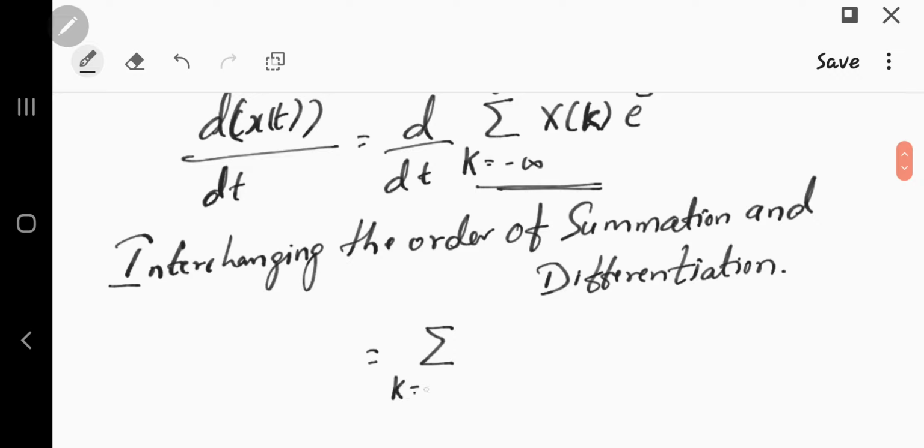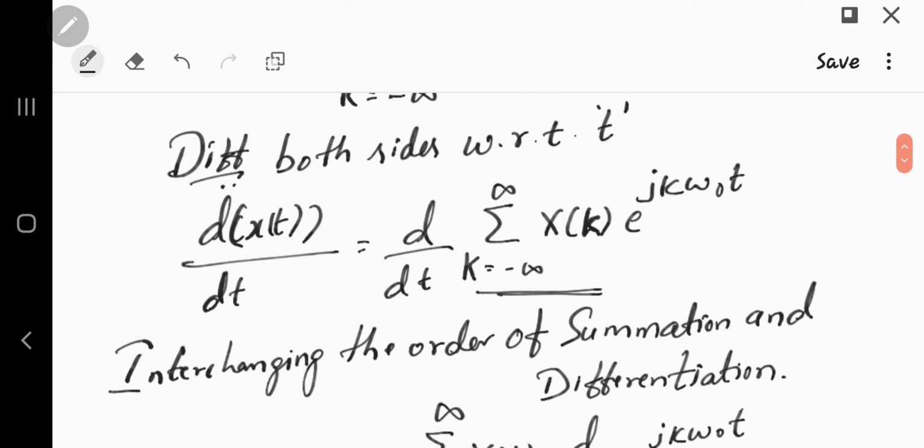Summation k is equal to minus infinity to plus infinity x of k d by dt e power j k omega naught t.